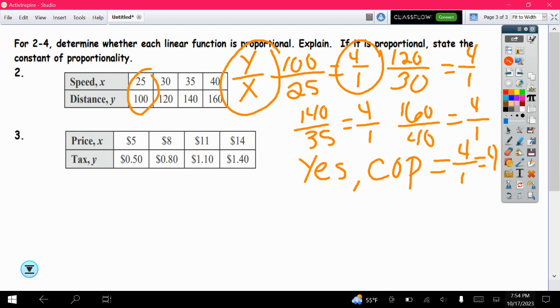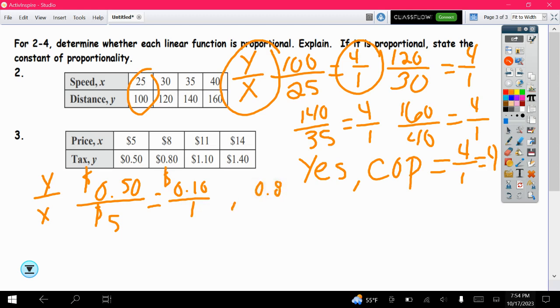All right, so let's do the same thing for number 3. In number 3, to find our constant of proportionality, I'm going to do my y over my x. So I'm going to say 50 cents over $5. And that's going to simplify to 10 cents over 1. Then we'll do the same thing with 80 cents over 8, which simplifies to 1/10 over 1.